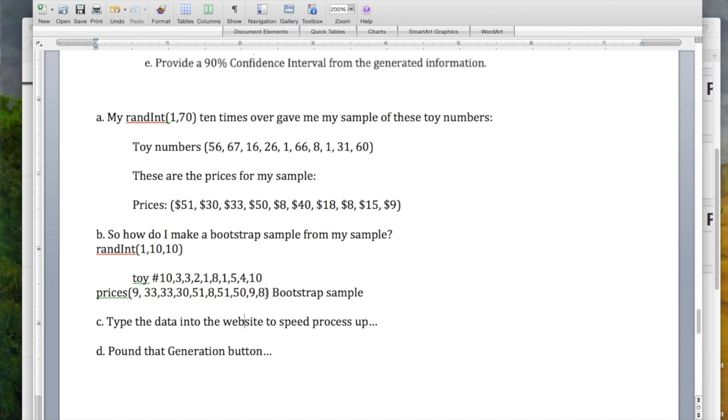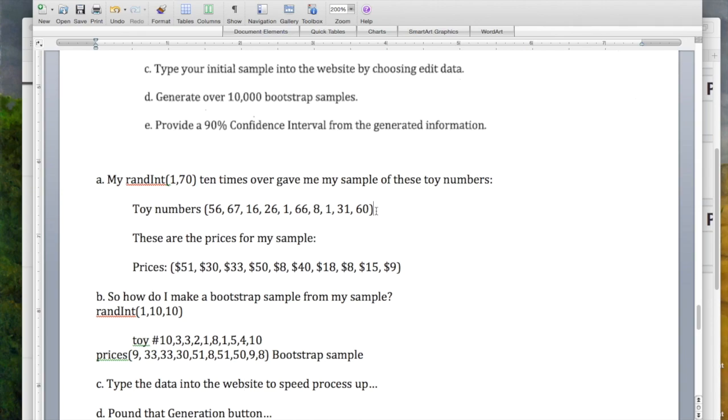Well, actually, I'm going to be taking the numbers from my original prices right here. So I need that list right there: 51, 30, 33, 50, 8, 40, 18, 8, 15, and 9.